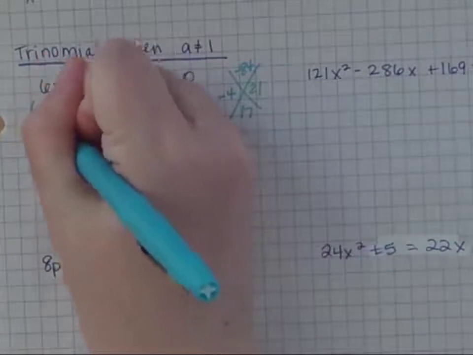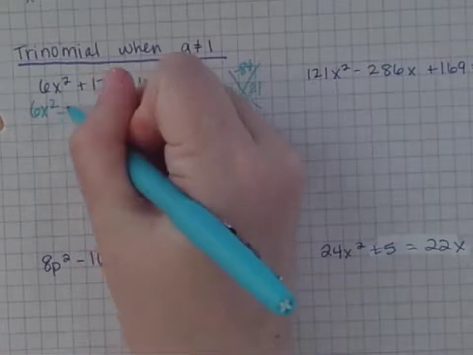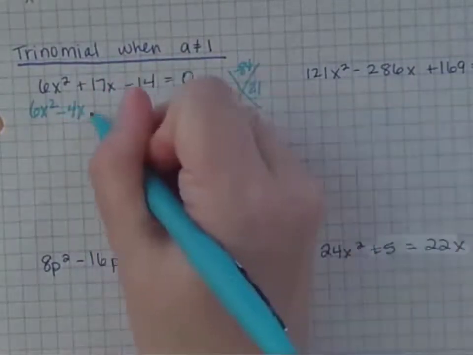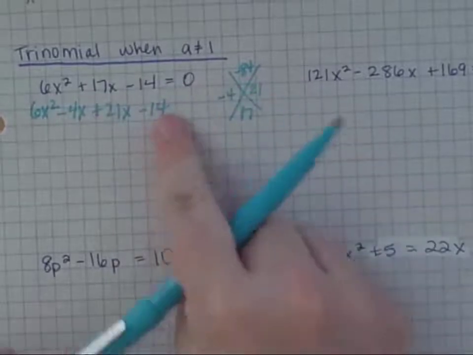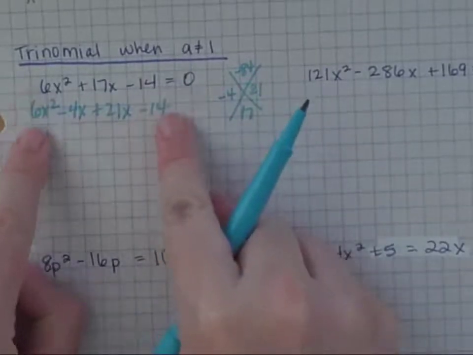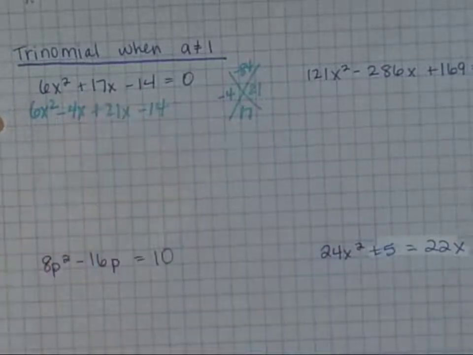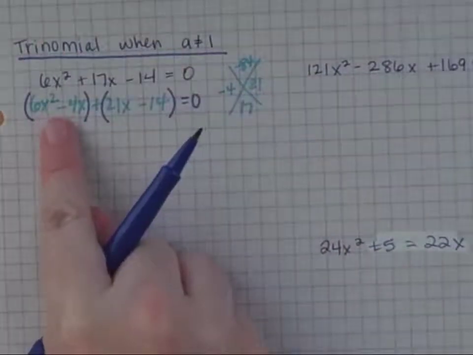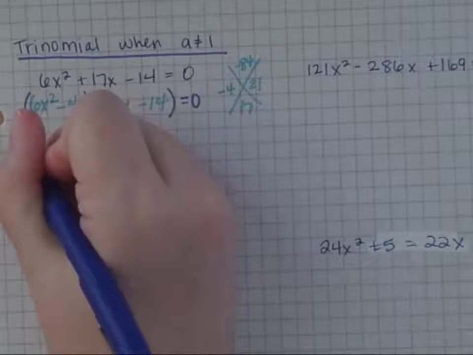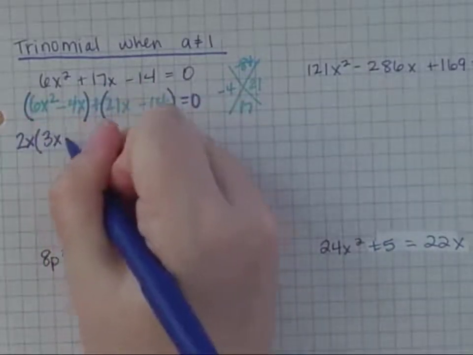So 6x squared stays, minus 4x plus 21x minus 14. These would combine to be 17x, but now I can group. Coming out of this, my factor would be 2x, and we're left with 3x minus 2.